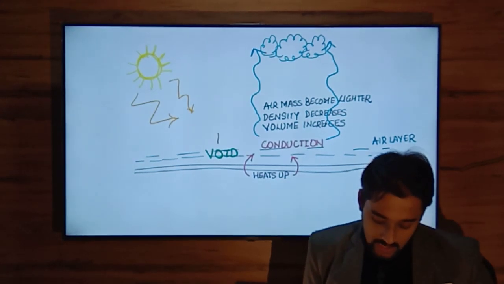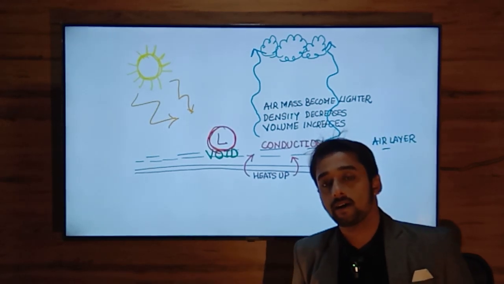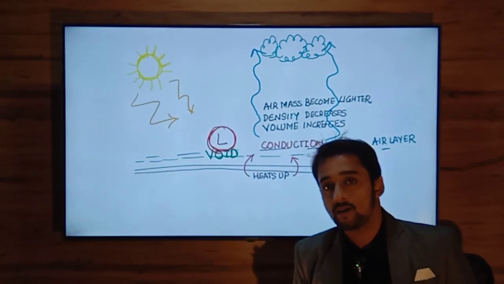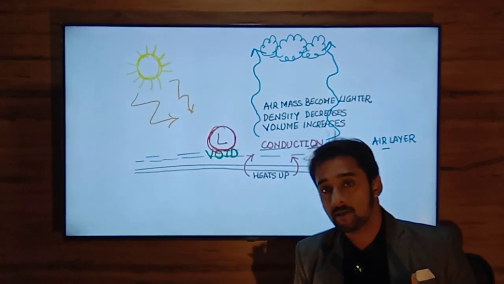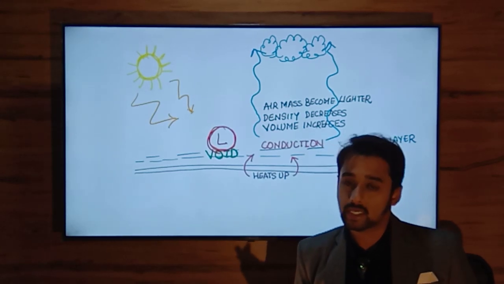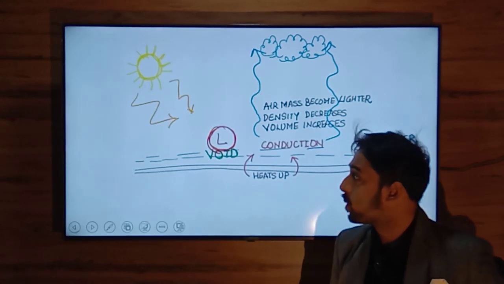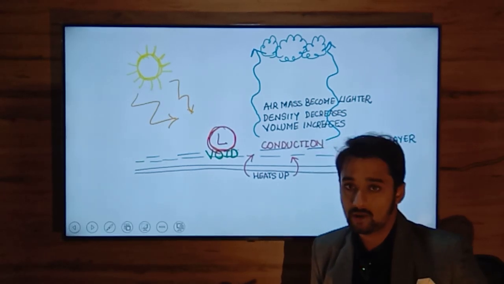So in simple words, when this air mass rises up in the atmosphere, a void is created in its place, and in meteorology we call that low pressure. This is how a low pressure will be created in the atmosphere.